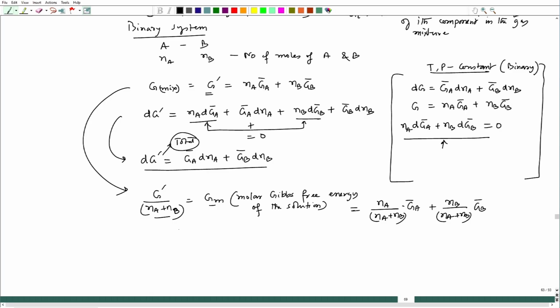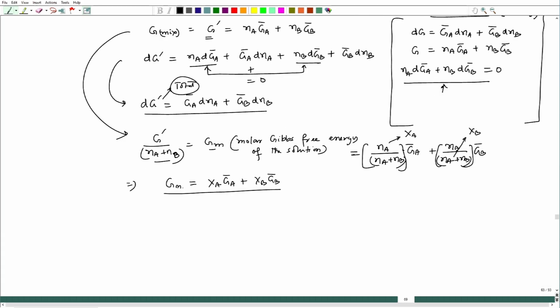Then this can be written as Gm equal to, this quantity becomes Xa and this quantity becomes Xb, which are the mole fractions of A and B. So Xa Ga bar plus Xb Gb bar. Okay. So once we get this, the same thing can be drawn here.